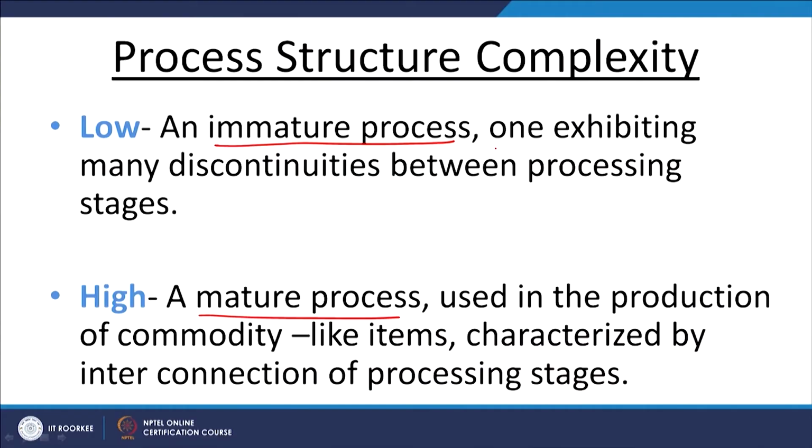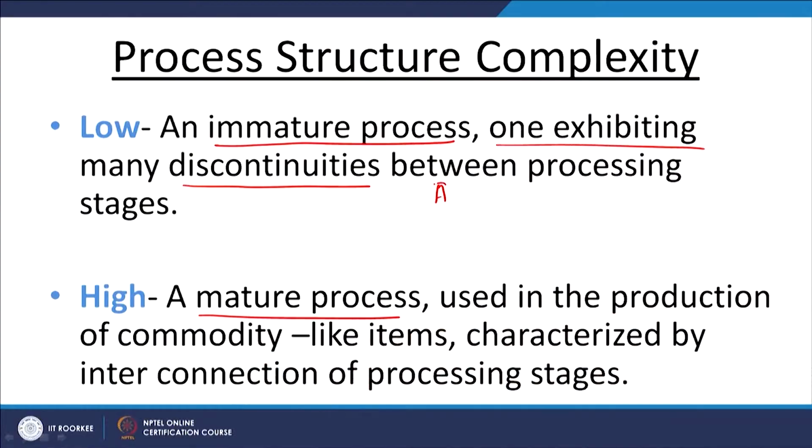Then another characteristic of those immature processes is that they exhibit many discontinuities between the processing stages. Take an example, job shops. In job shops we have various discontinued processes.